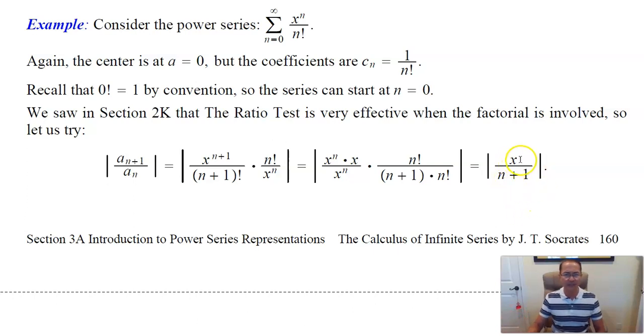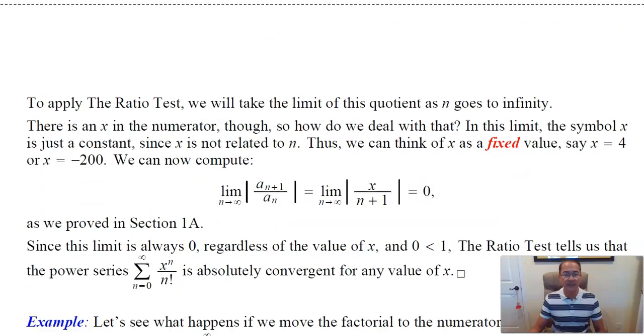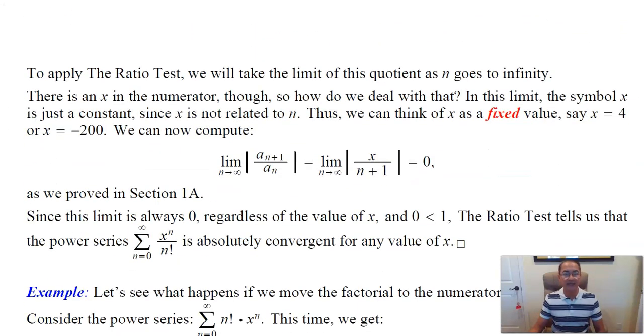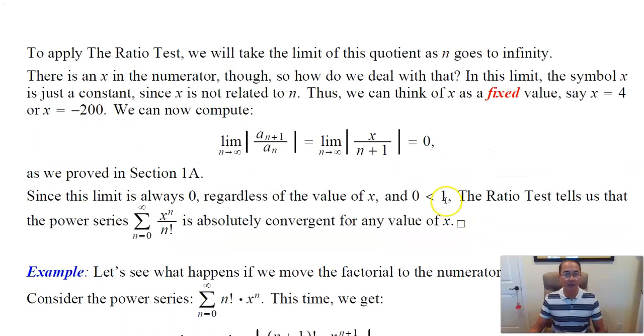So x can be a bazillion or negative 20 quadrillion, and as n goes to infinity, that is still going to go to 0. So we can therefore say that the limit as n goes to infinity is always going to be 0. So that tells us by the ratio test that our power series is absolutely convergent for any value of x.